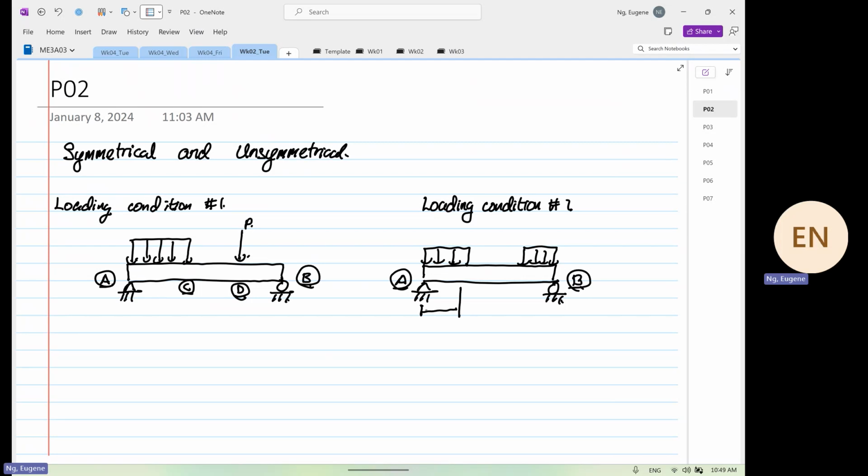The distance from here to here is L over 4. The distance to here is L over 4. So this is our X and Y translation, and this is our rotation about Z. Okay, both are the same.